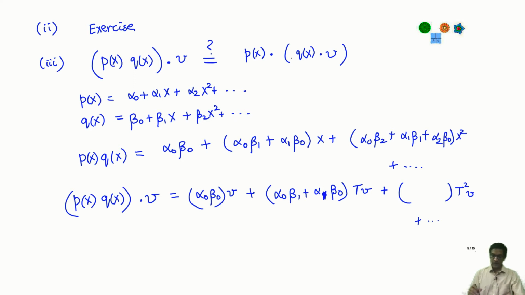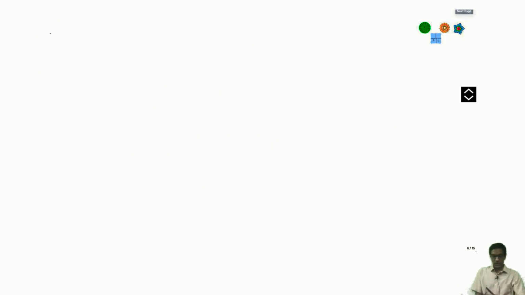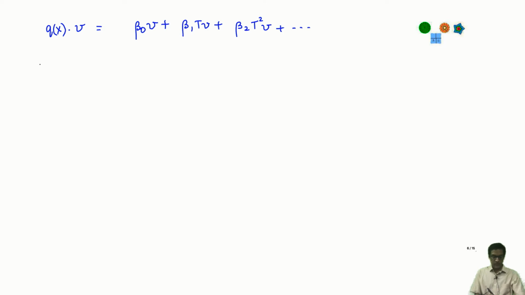Now let's compute the right hand side, which is p(x) acting on q(x) acting on v. So what does that mean? I first have to figure out what q(x) acting on v is, what this vector is. Well, this vector by definition is beta naught v plus beta 1 t v and so on. So it's just a question of writing this out. And now I try to act p(x) on this vector q(x)v. So how does p(x) act on this vector? Well, it is alpha naught times this whole vector.